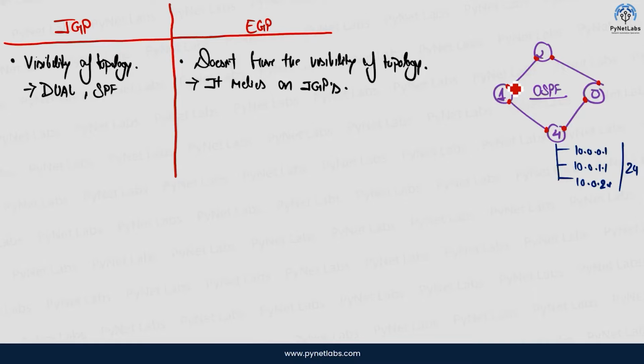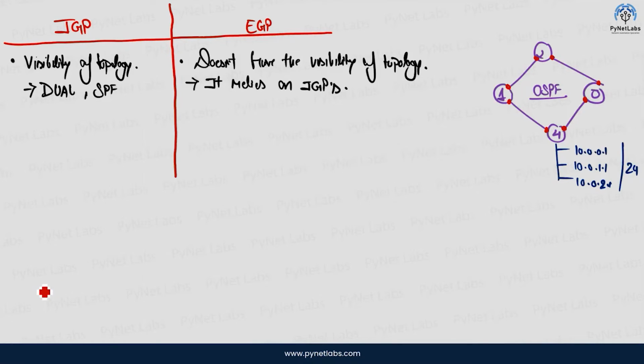So if BGP is there in the enterprise network, and you want your BGP routers to see the entire routing table, meaning the LAN segments, BGP has to rely on IGP protocols to have the complete visibility of the topology. So that's one point we can say.